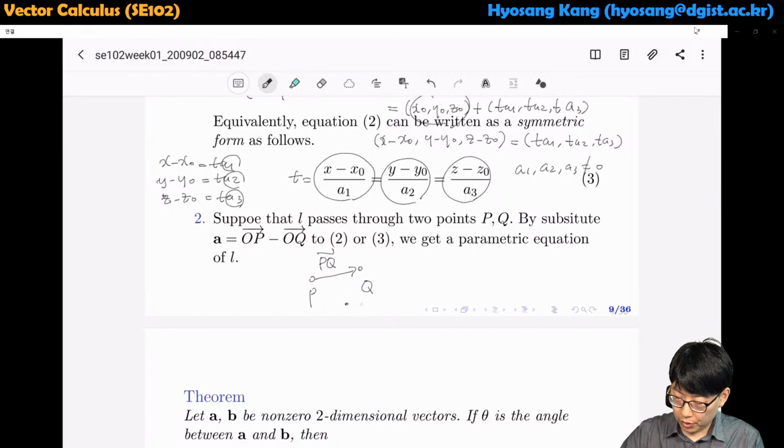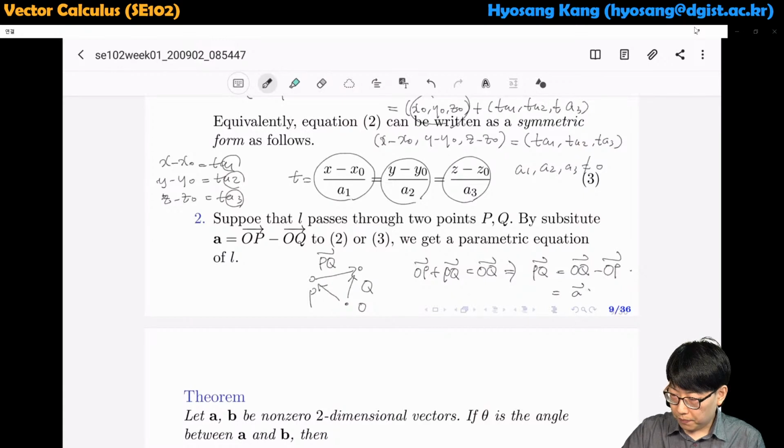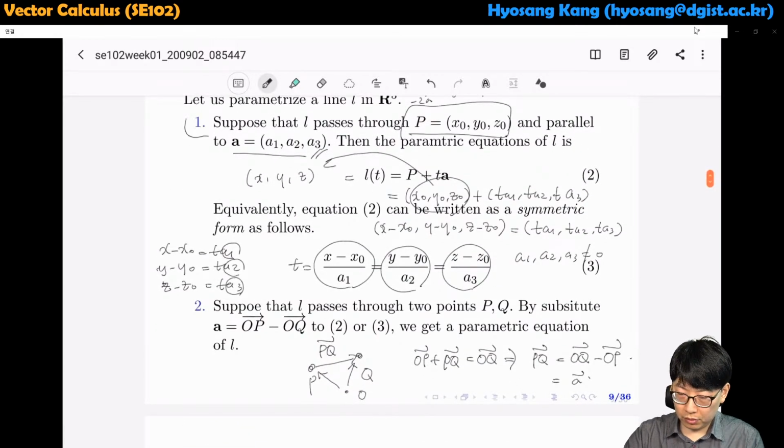There must be an origin here, so OP, OQ here. OP plus PQ must be OQ. Therefore we have PQ equals OQ minus OP. So this is our direction vector A, and we can pick any point P or Q to be the point where line L passes through. So we basically go back to the first definition to define a parametric equation.